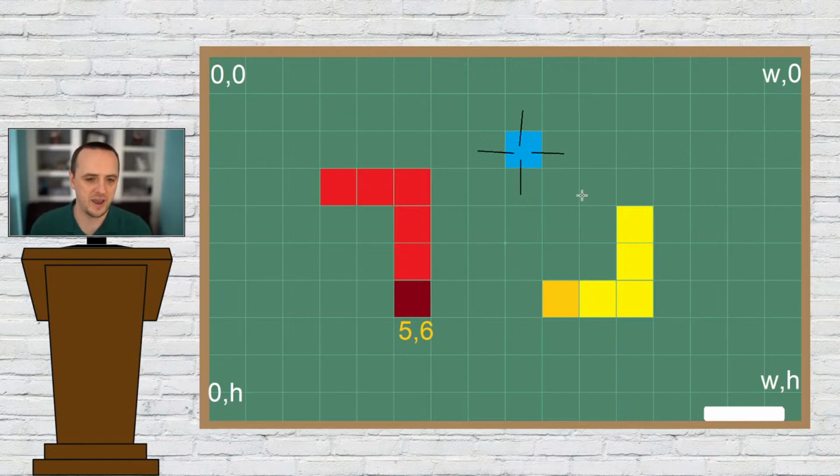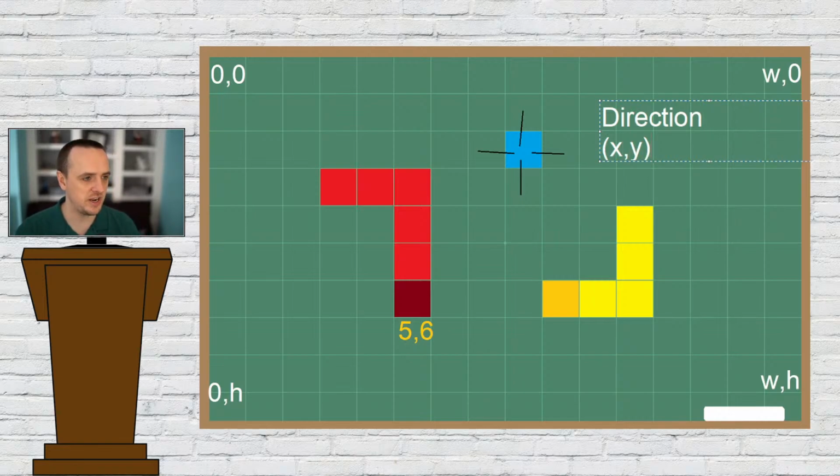Okay. So what we have in our code, we have a direction object. That direction object contains an x and a y, and that is the change in x and the change in y for movement, right? So if you did 3200, you should be very familiar with this by now.